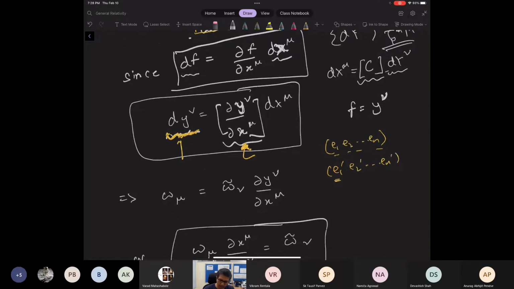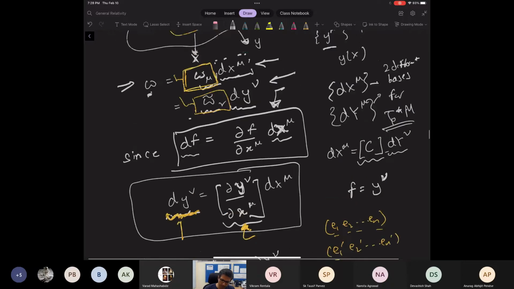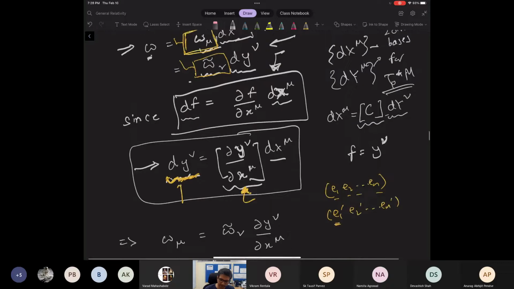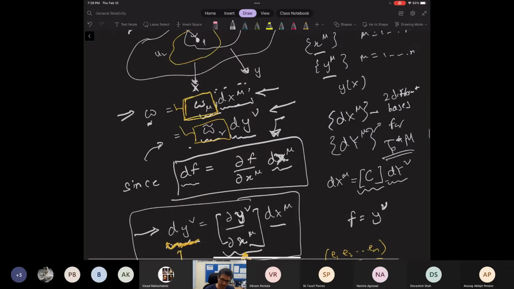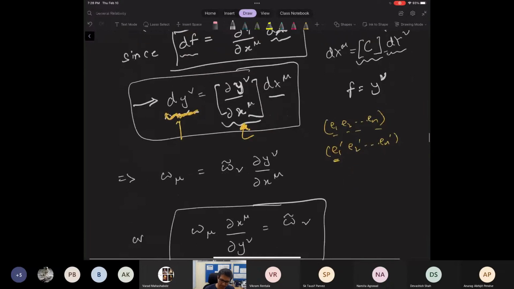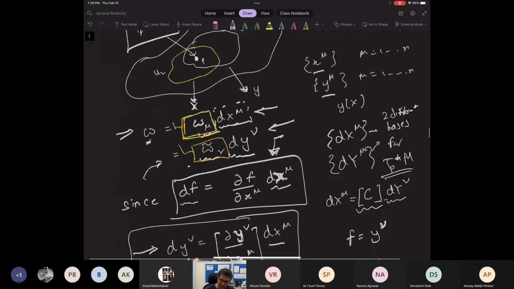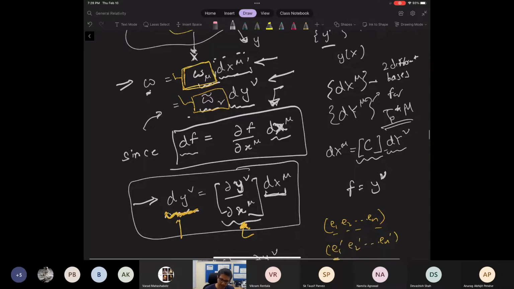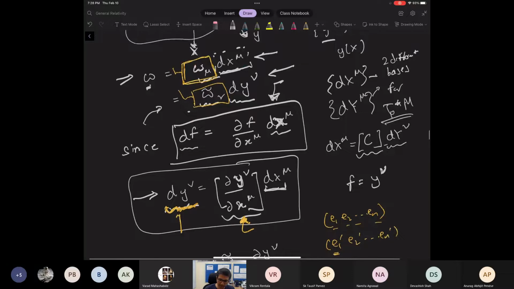So now you can just plug in this expression for dy nu in terms of dx mu into this expression here. So you can write omega twiddle nu times partial y nu partial x mu, times now, instead of dy nu, I've expanded in this basis dx mu. Now I can just match the coefficients.